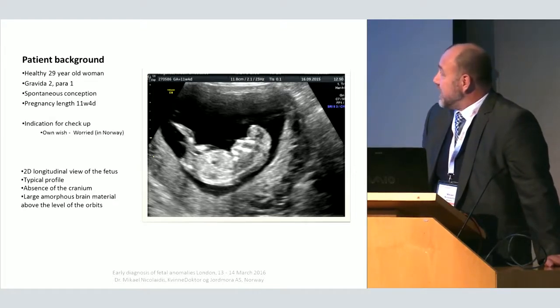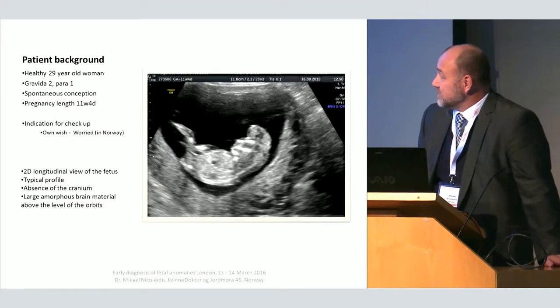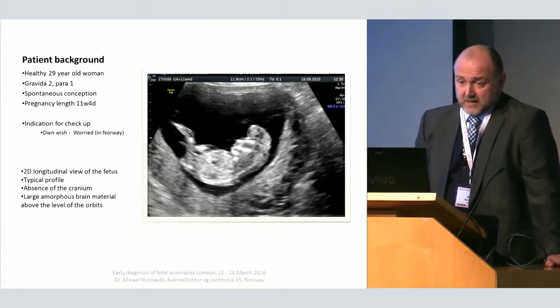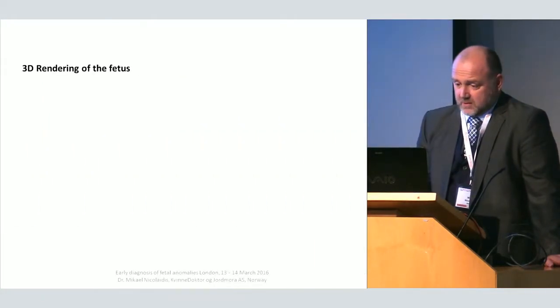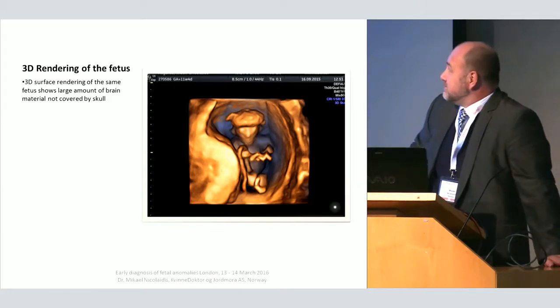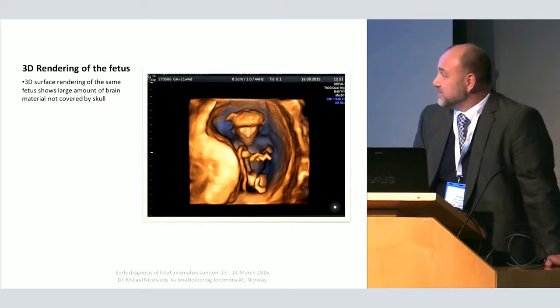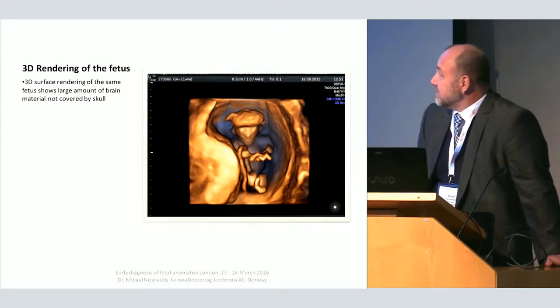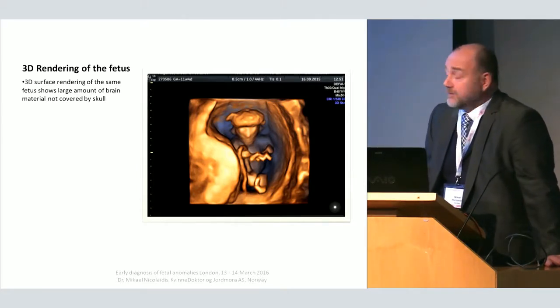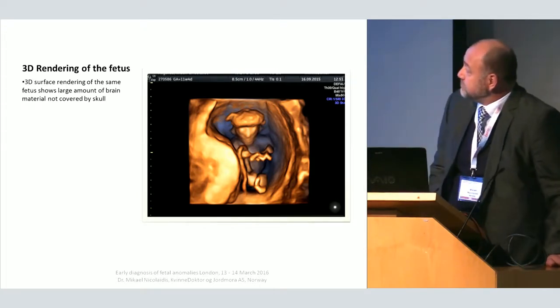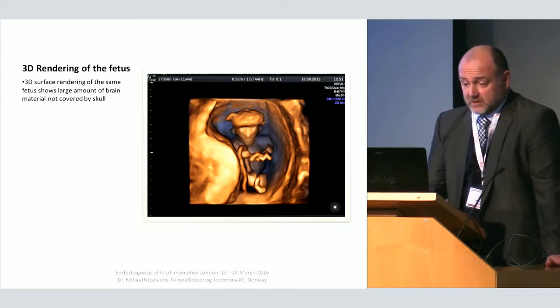And you can see the absence of a cranium, and also, of course, the brain material above the orbit. Now, doing a lot of 3D, of course, I have to render it. And it looks like this small man with his little hat on top of the head with the brain material, again, clearly visible above the orbit, and as you can see, there's basically nothing covering the skull except the brain matter.